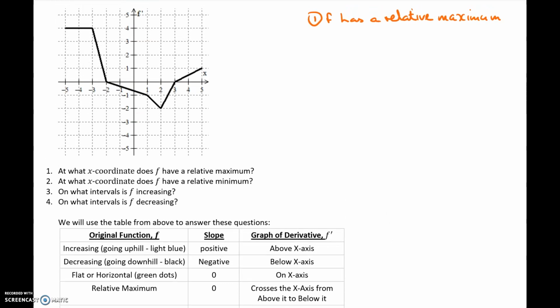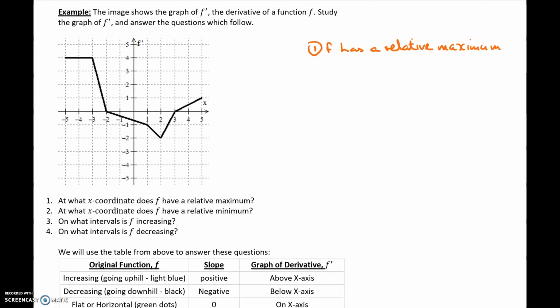This function changes from above the x-axis to below the x-axis when x is negative 2. So it's above the x-axis here, and it's below the x-axis here. That change occurred when x was negative 2. So that's the relative maximum, not on this graph, but the relative maximum of f.